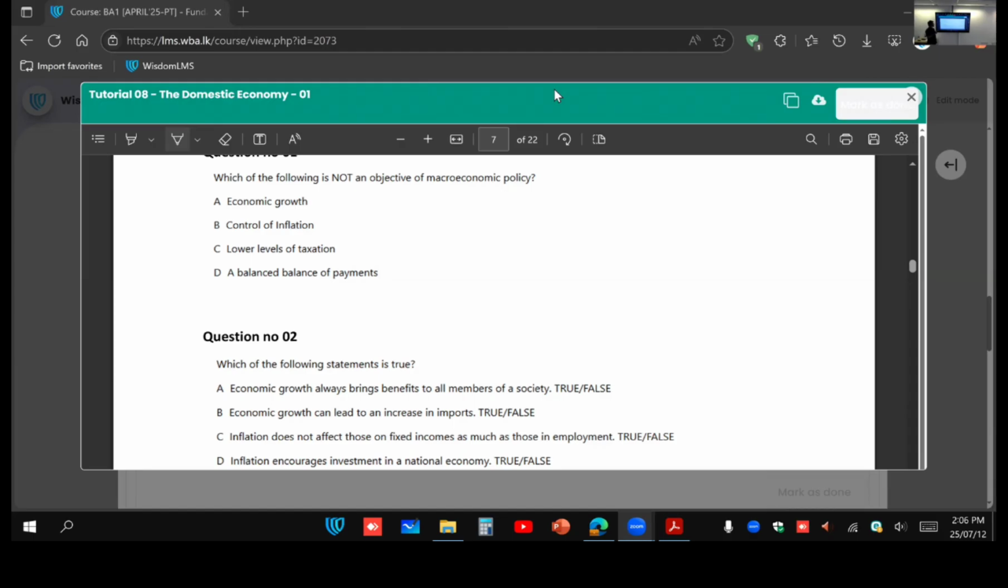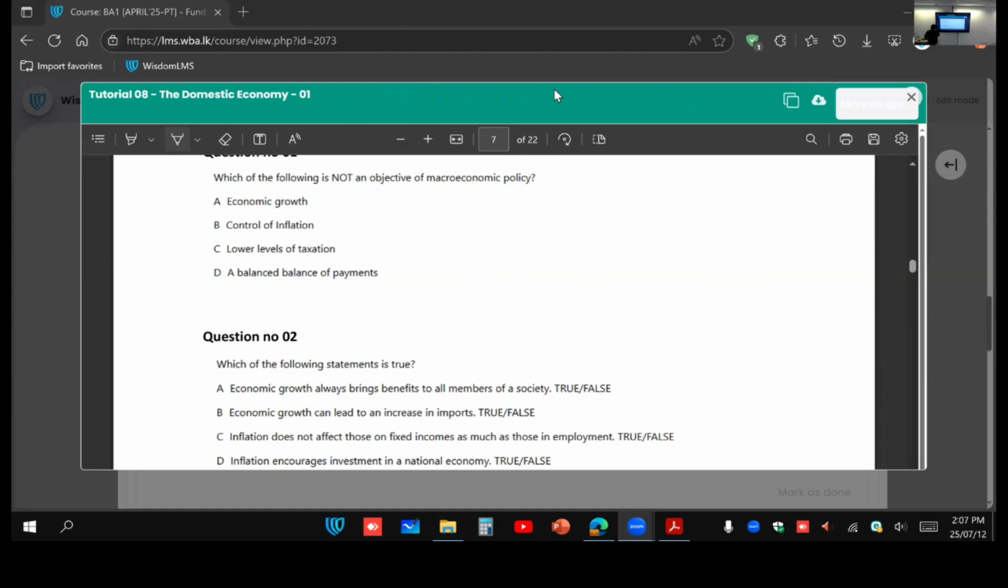Question number 1, what is the answer? Which of the following is not an objective of macroeconomic policy? Economic growth? Control of inflation? Lower levels of taxation? Balance of payments? What's the answer?